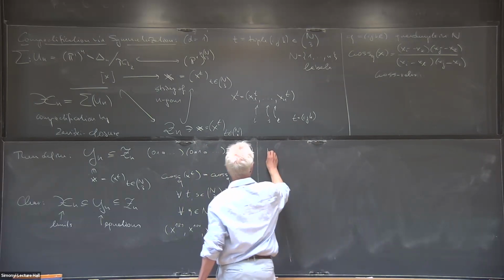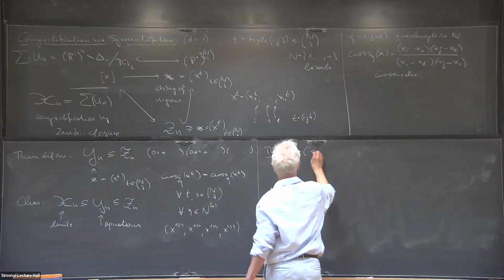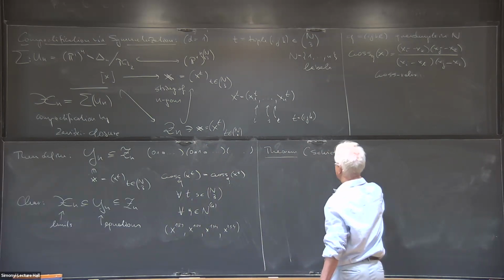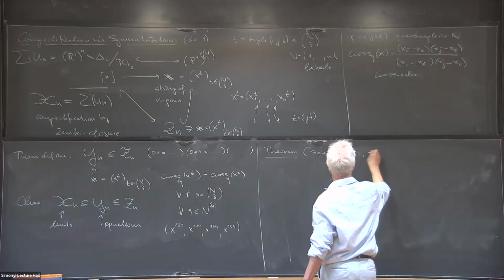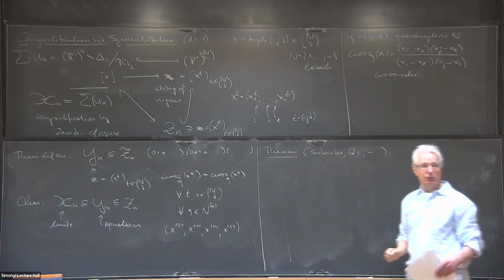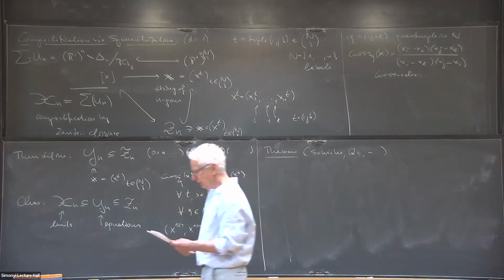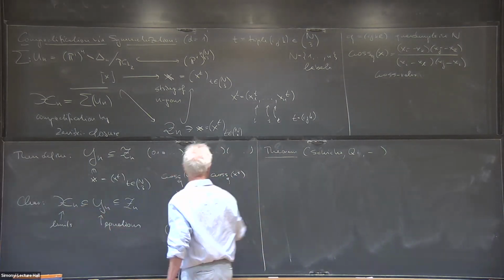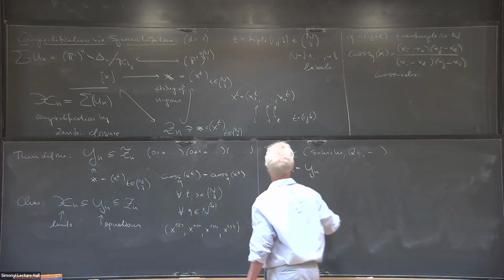So, theorem. This was suggested by Joseph Schicho and his student, and then I was allowed to participate and formulate it a little bit differently. So these two are equal, then equals Yn.